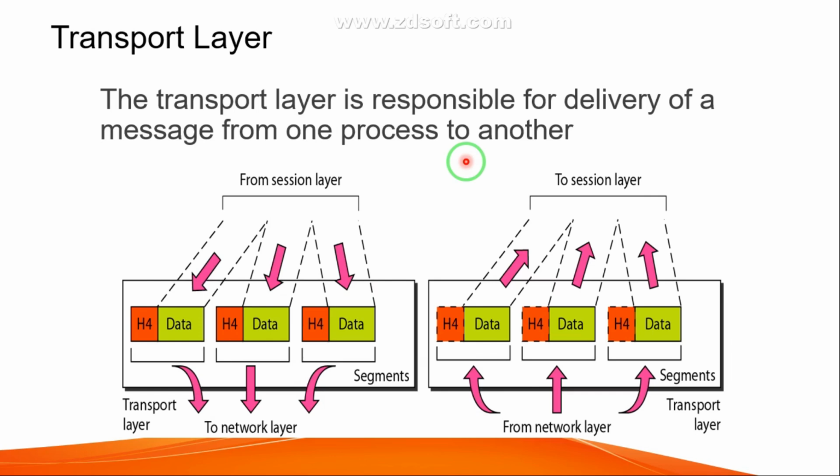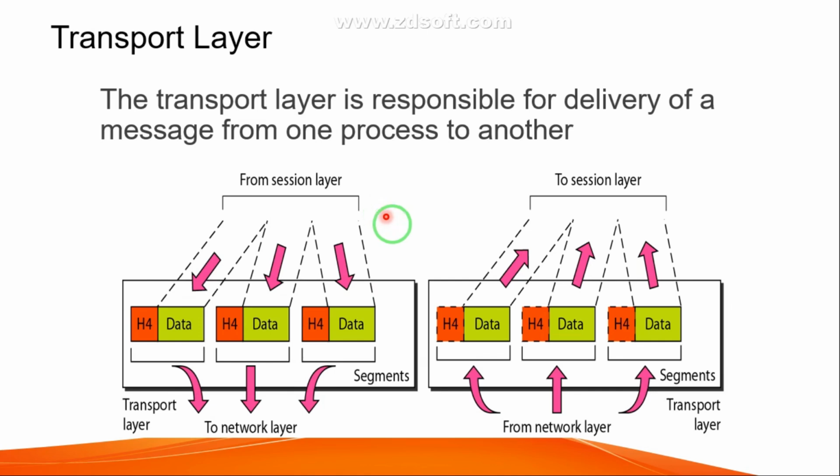But the transport layer, on the other hand, ensures that the whole message is going to arrive intact and in order. It oversees both error control and flow control, but at the process to process delivery level, not a hop to hop level.